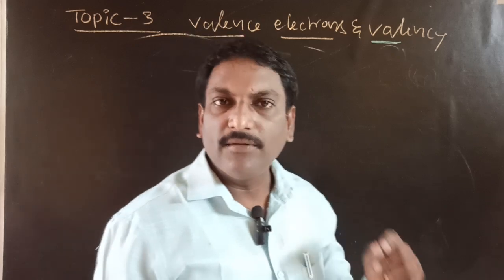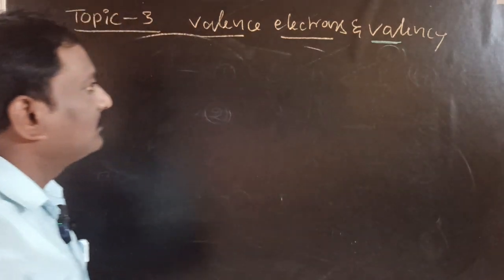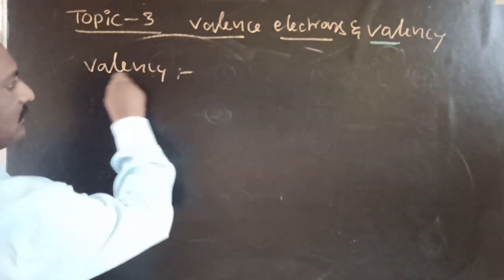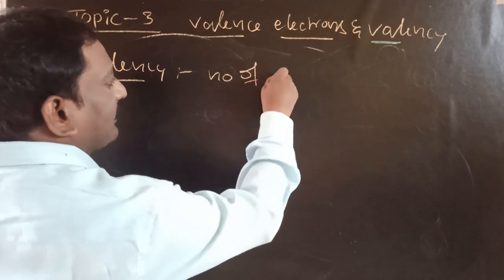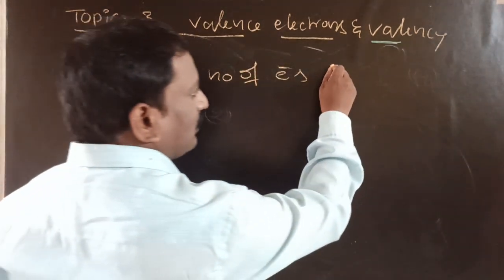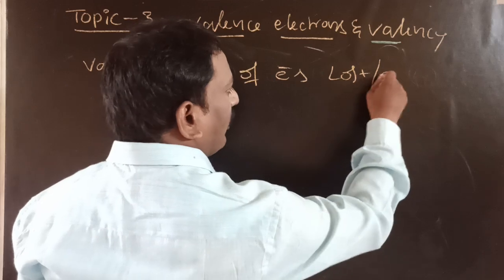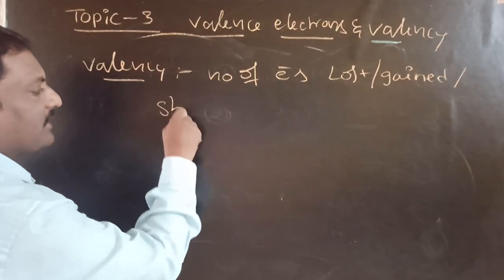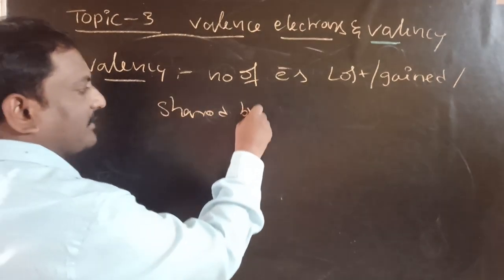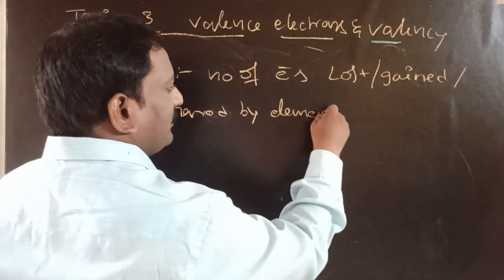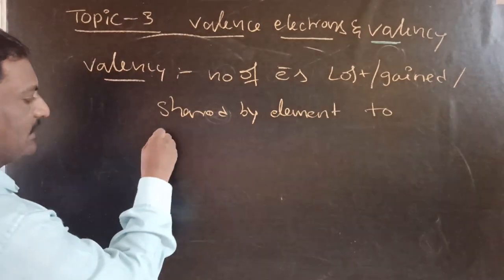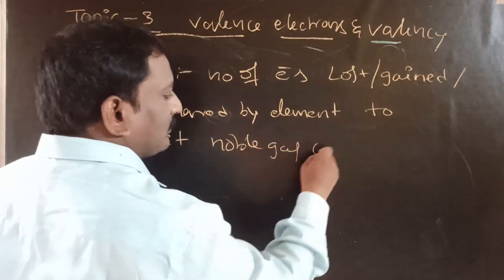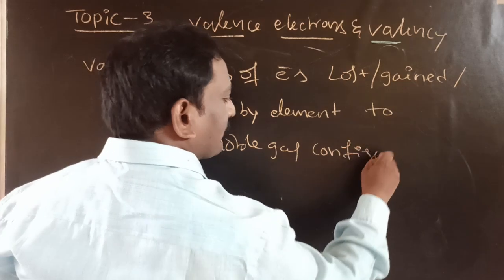But one more definition is there for valency. Write down: valency means number of electrons lost or gained or shared by an element to get nearest noble gas configuration.